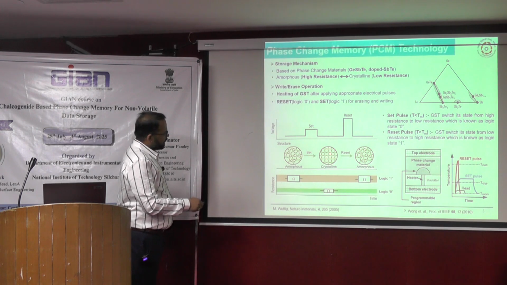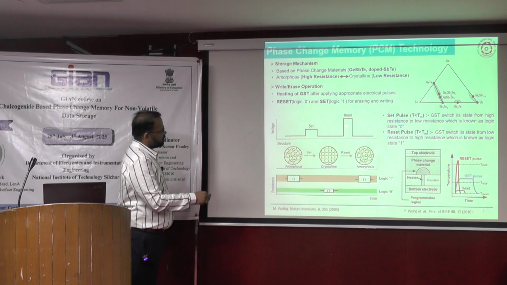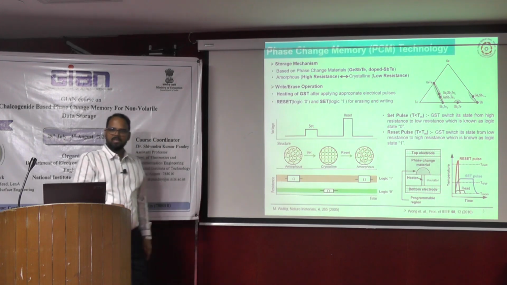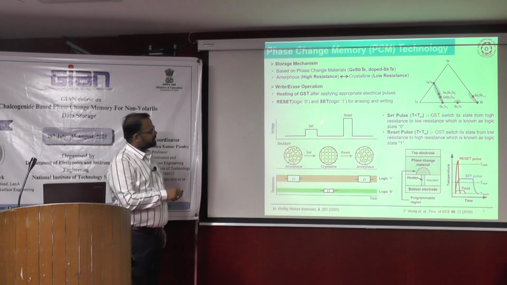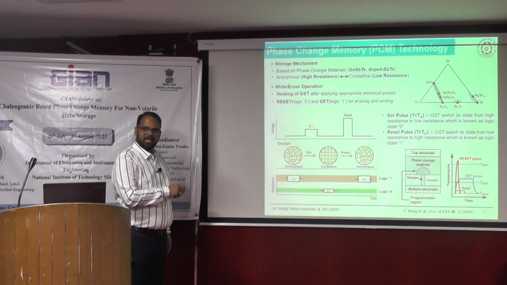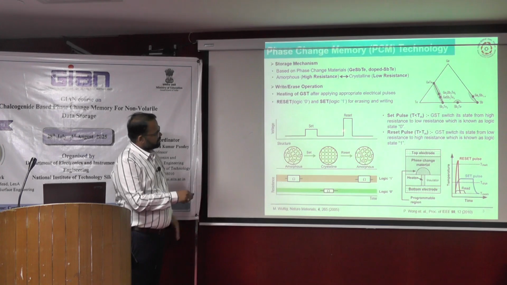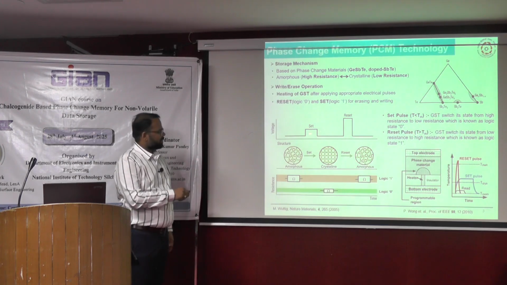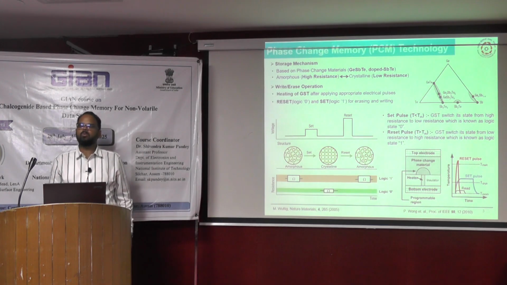And when you come back again to the amorphous state, you need to provide a reset pulse. So the reset pulse has higher amplitude, but the pulse width is lower as compared to the set pulse. Why?